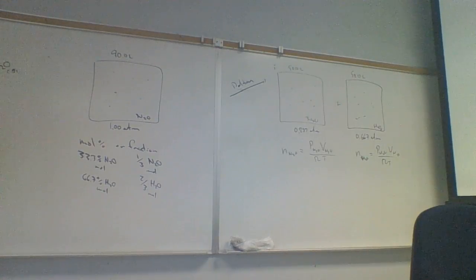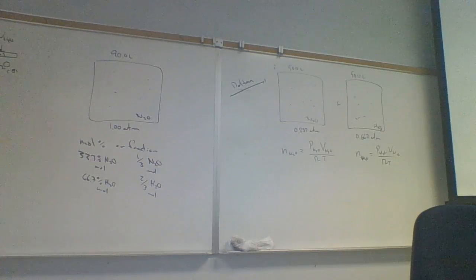And so here I just use ideal. Or, likewise, I could have used water. I could have gone from the volume of water to the moles of water, because I know the pressure, the volume, and temperature. From the moles of water to the moles of ammonium nitrate, and I would get the same answer.